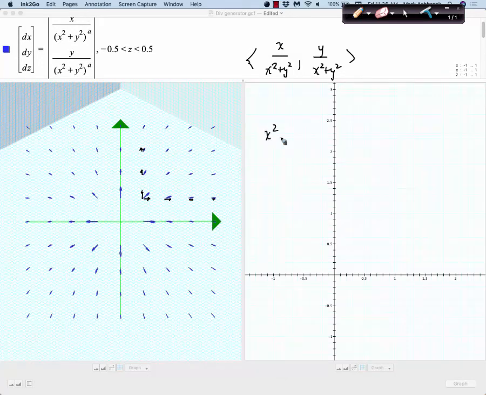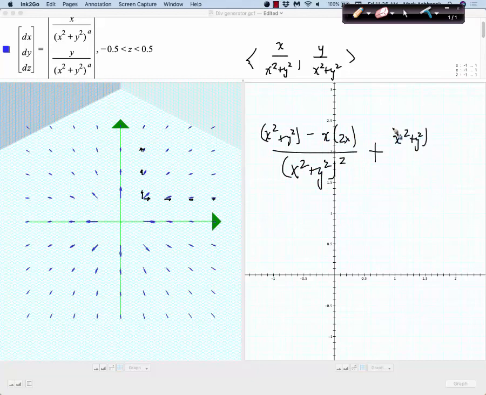Low d high, so low times 1 minus high d low over low squared. Plus, that's the partial of P with respect to x. Now with respect to y, it's low d high minus high d low over low squared.